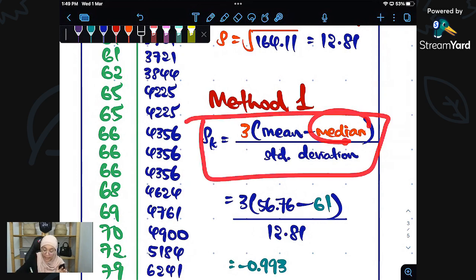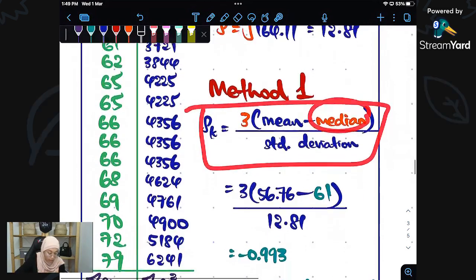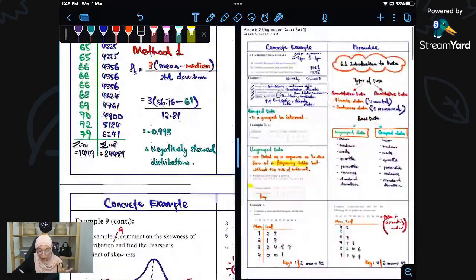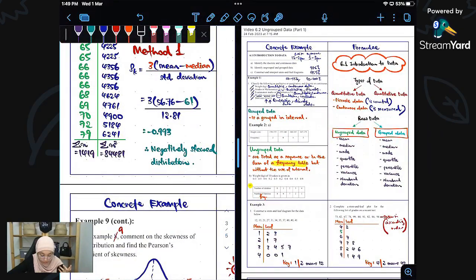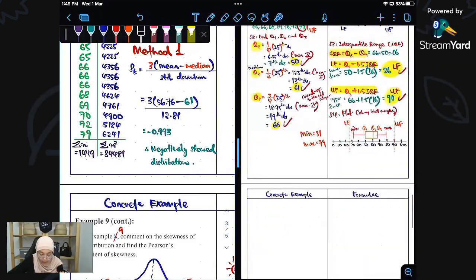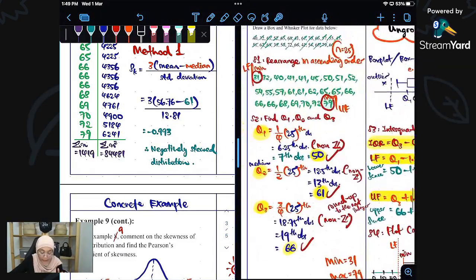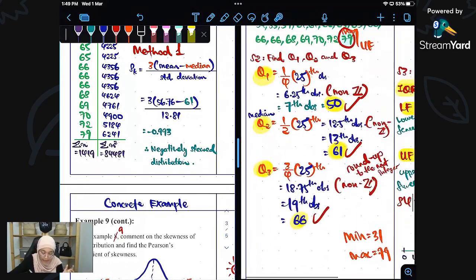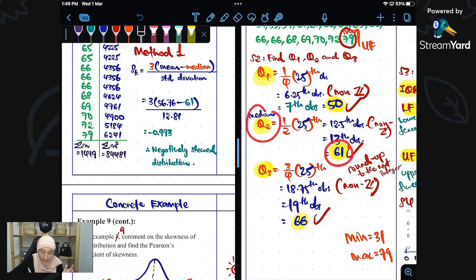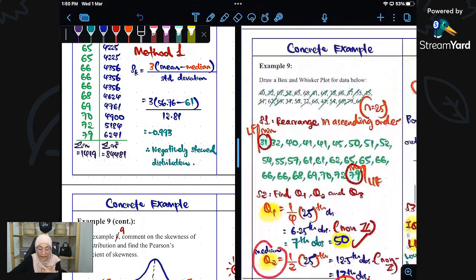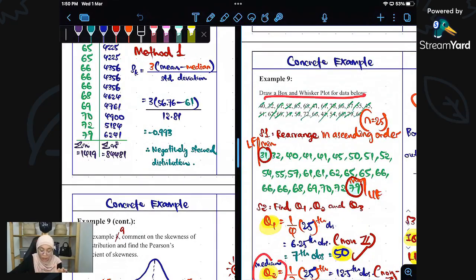But do we have the median? So the median is where kita sudah pun kira sebenarnya. Pada video yang sebelum ini, kita sudah pun kira dan menjawab soalan box and whisker. Sebelum nak cari box and whisker, we already found this median. This median adalah bernilai 61. So this is from my previous video, drawing the box and whisker.